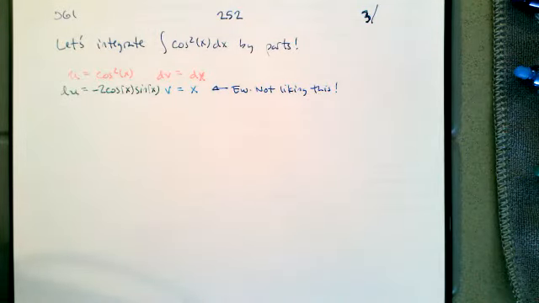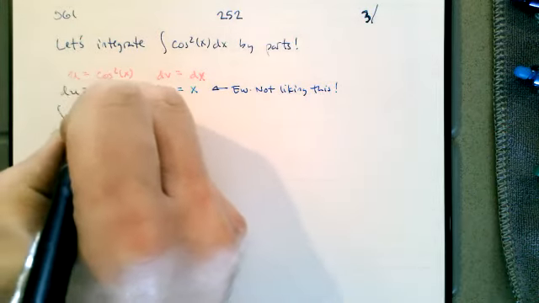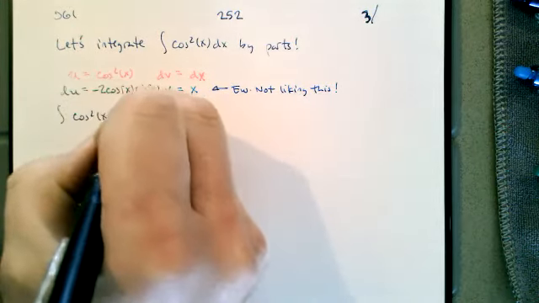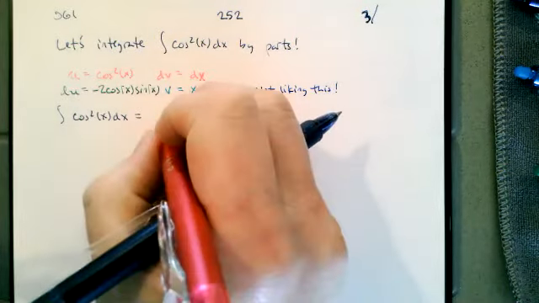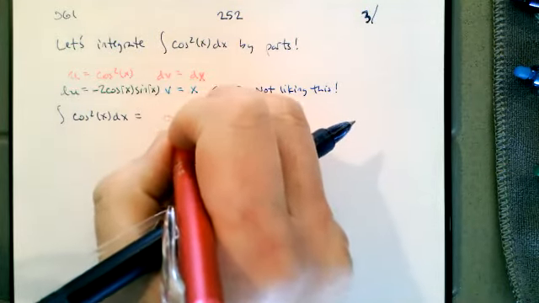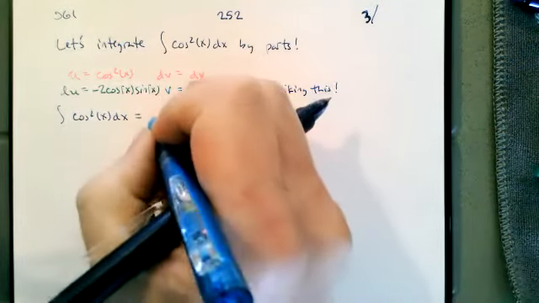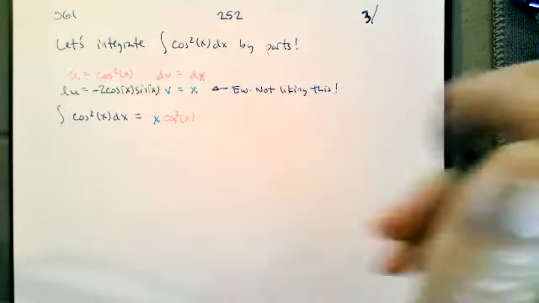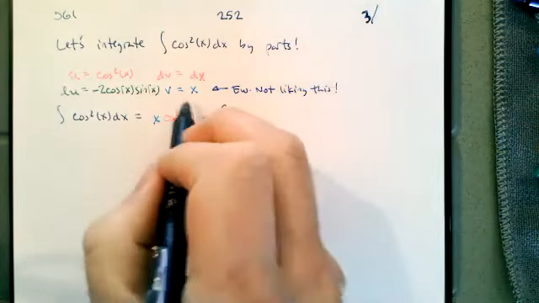What it would look like, let's press on though. What it would look like is we'd write the integral of cosine squared x dx. I'd have u times v. So I'd have x times cosine squared x. So there's my uv. Minus, the problem is going to be this one, the integral of v times du.